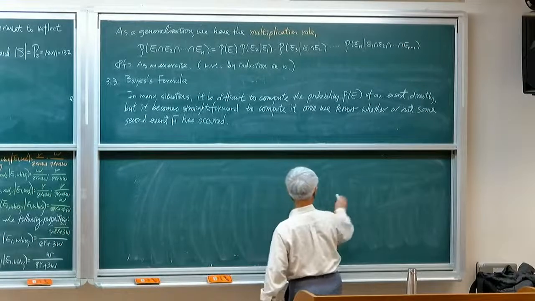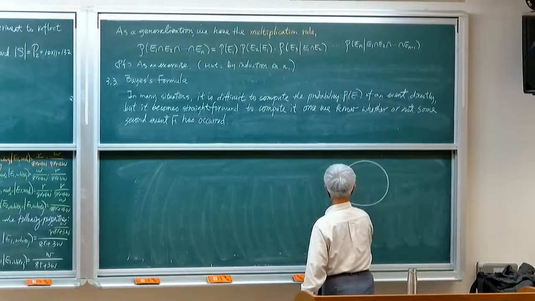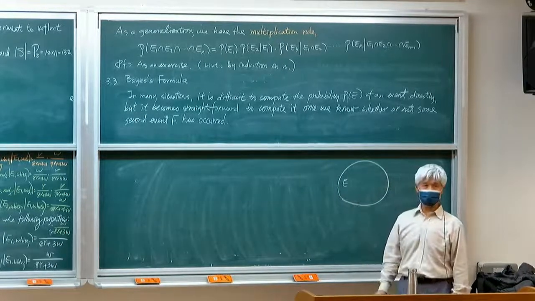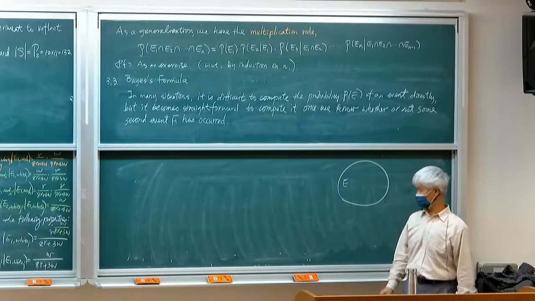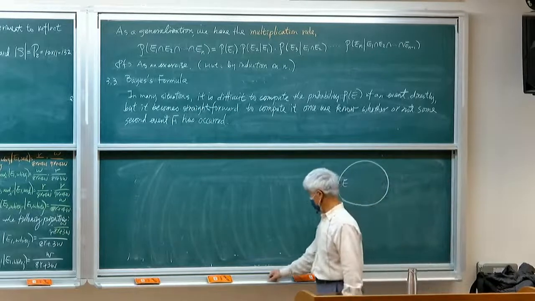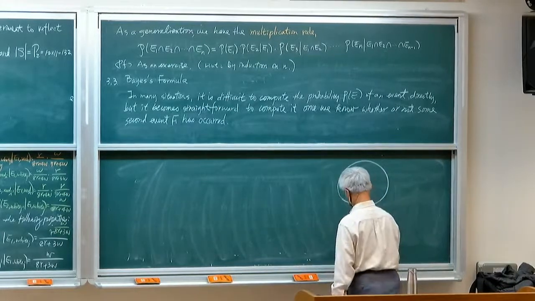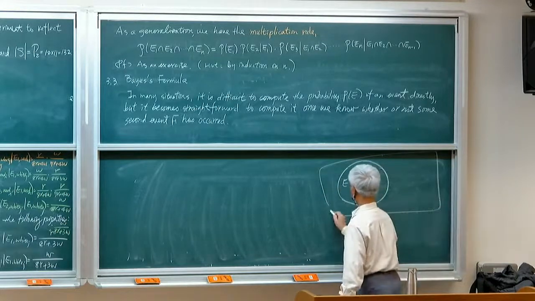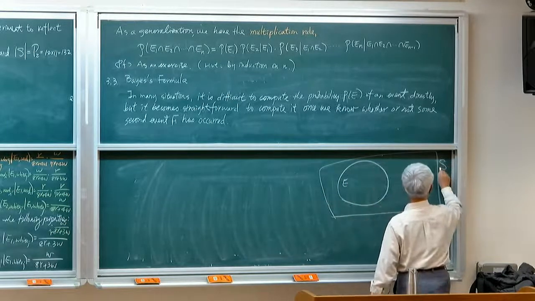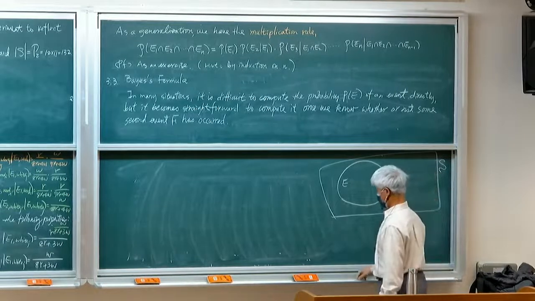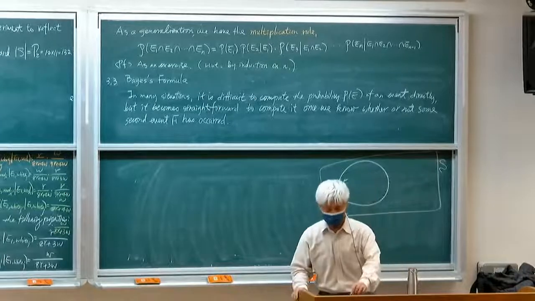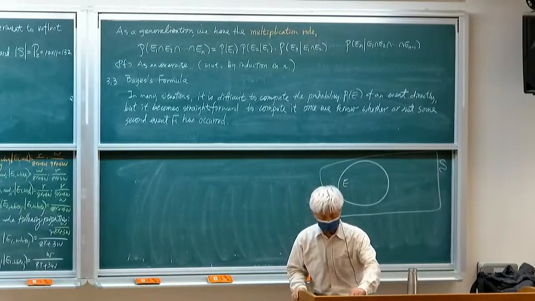So in a Venn diagram, this is the event E, and it's hard to compute its probability directly. Now, this is our sample space, and the sample space can be decomposed into two parts.